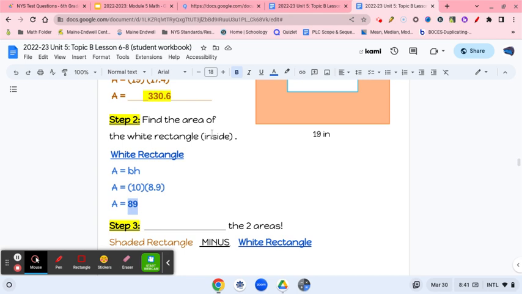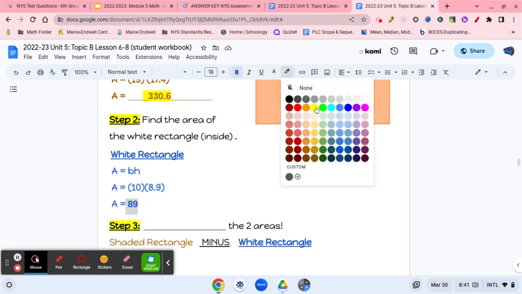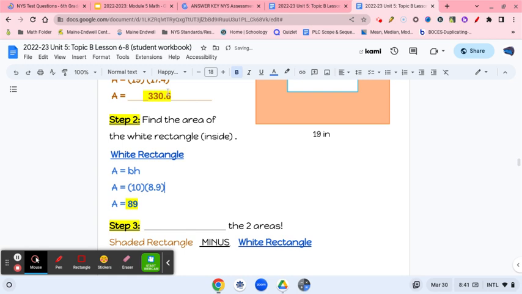So again, area of the whole thing, area of the part that you're going to take out. Now I'm looking at this number plus this number. Sorry, not plus. Holy moly, holy buckets. No. Now you take both of those areas and subtract.